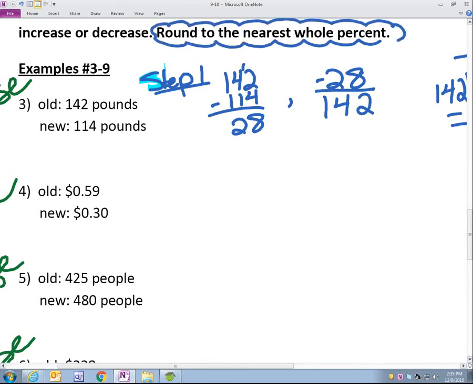If we're rounding to the nearest whole percent, how many decimal places do we have to go to? Hold them up with your hands. 2. It's 3. We're rounding to the nearest whole percent. I'll show you why.